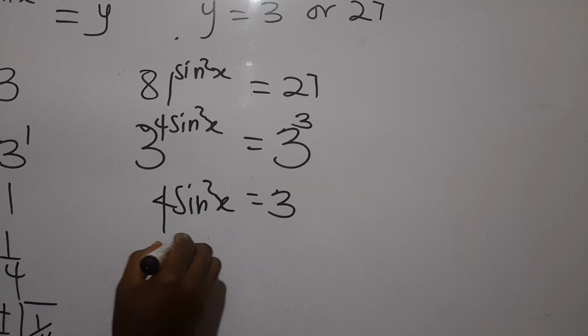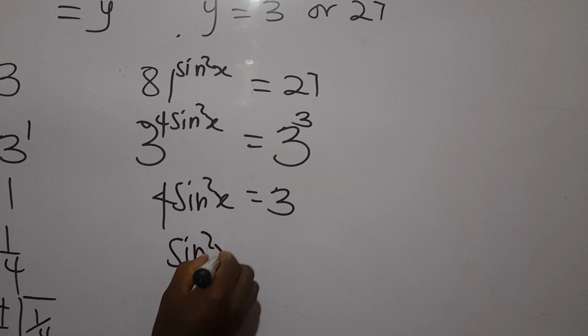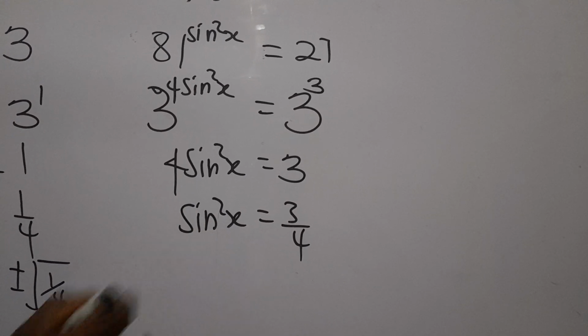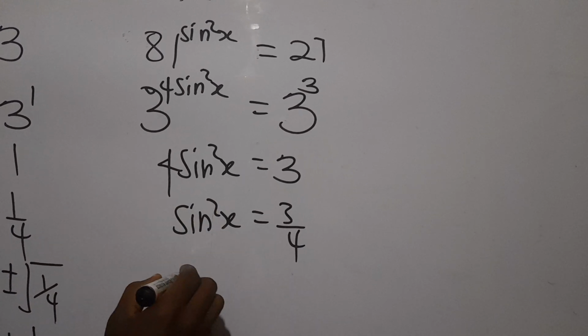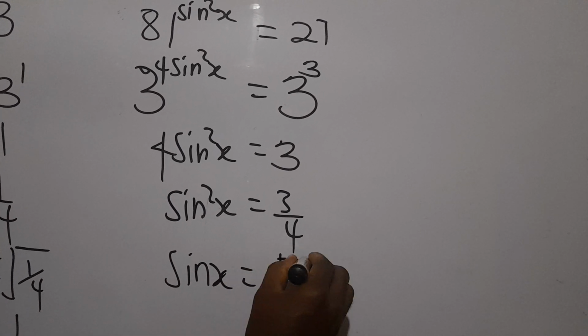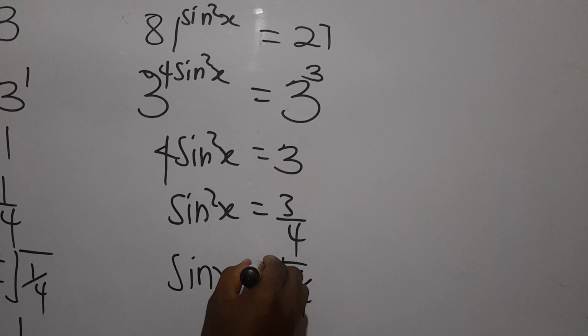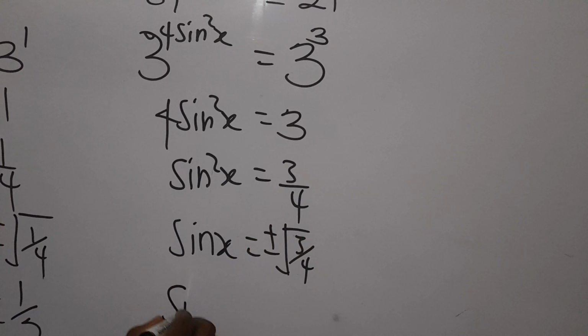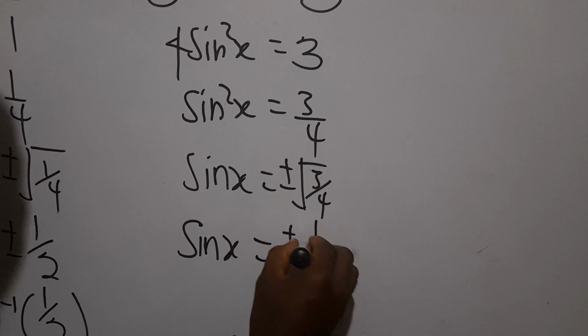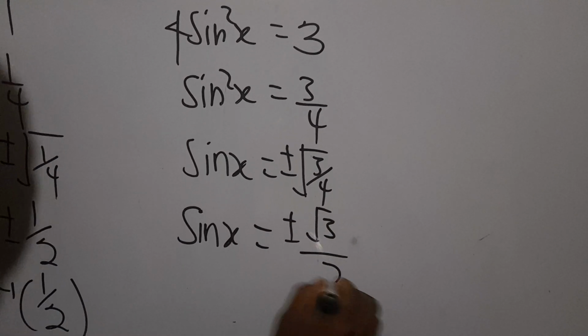We divide both sides by 4. So sin square x is equal to 3 over 4. Now we'll find the square root of both sides. So we can say our sin x is equal to plus or minus the square root of 3 over 4. So sin x will be equal to plus or minus root 3 over 2.